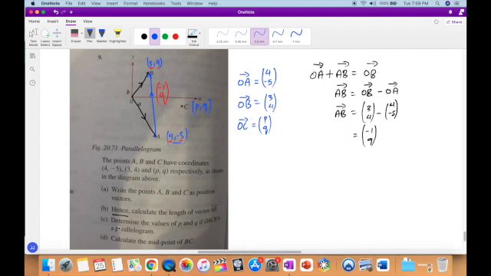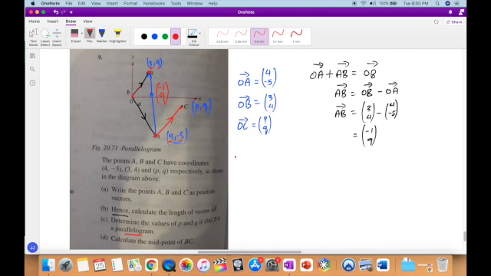Determine the values of p and q if OACB is a parallelogram. Okay, so I had to make sense of that. If OACB, well, it doesn't look like a parallelogram there, because AC is supposed to be equal to OB, and that certainly doesn't look equal. But they tell me it is a parallelogram, so I will assume that AC is equal to OB.